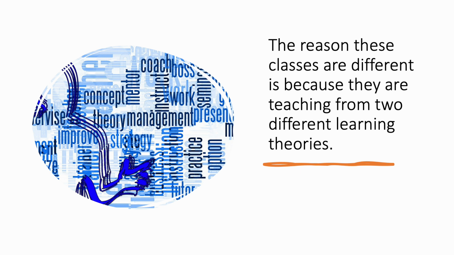One teacher thinks about learning a certain kind of way, and the other teacher thinks about learning a different kind of way. And in this lecture and some future lectures, we're going to talk about these different ways of thinking about teaching, these different ways of thinking about learning, right? And how these different learning theories make us do different things when we teach. If we have a different theory about learning, we will have a different theory about teaching. If we have a different theory about teaching, we are going to teach in a different way.